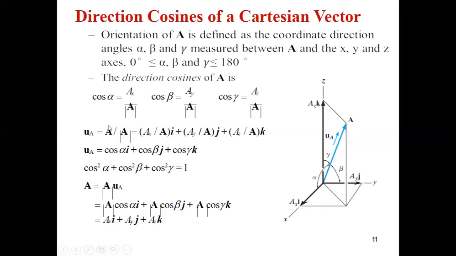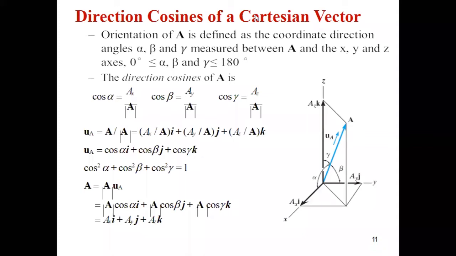Okay. So in Cartesian, A has three components. Let me write here. A equals ax i plus ay j plus az k.